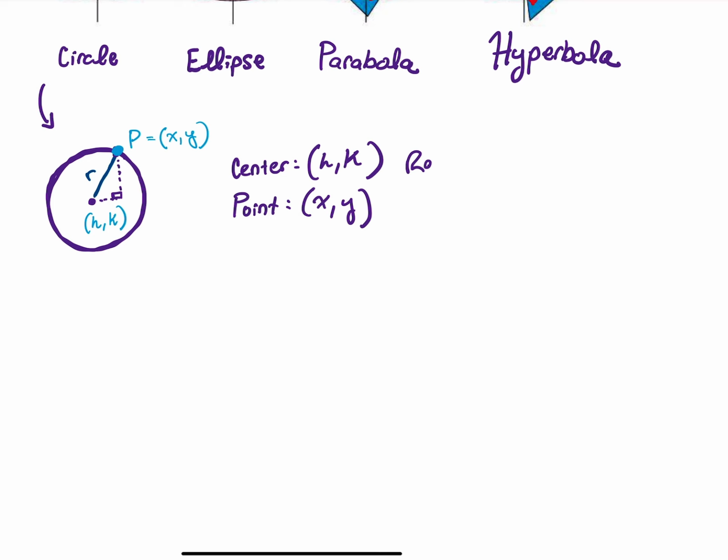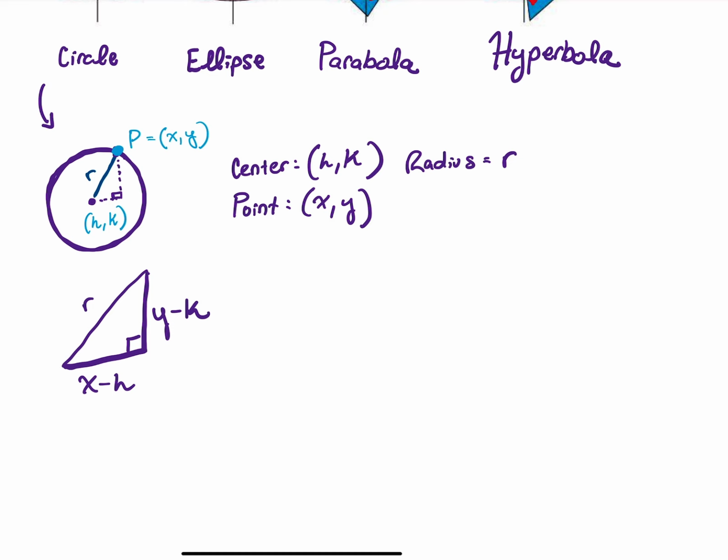And our radius we'll just call r. So if we describe the two side lengths of this triangle, the hypotenuse is still r. This horizontal distance should be x minus h. The vertical distance should be y minus k.